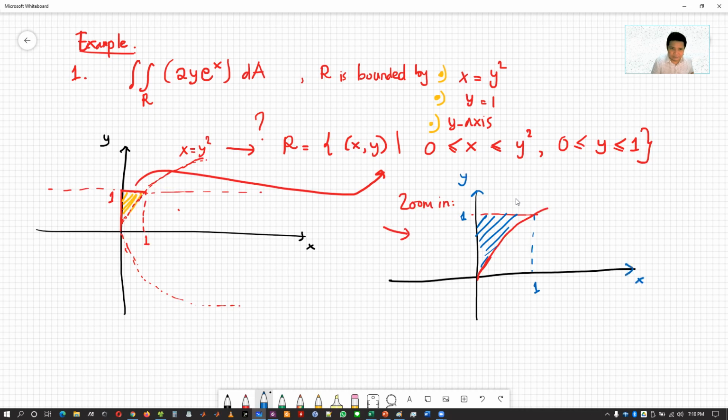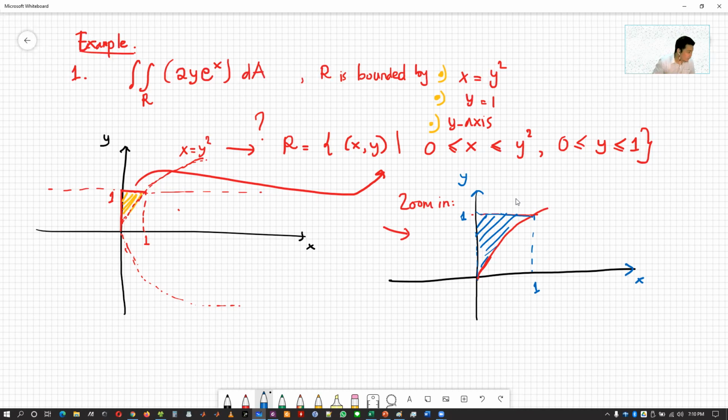This is x. Now we know x is from here. So we can define it. If we slice it horizontally or vertically, it depends on the problem itself, whether you would like to calculate in x first or in y first.